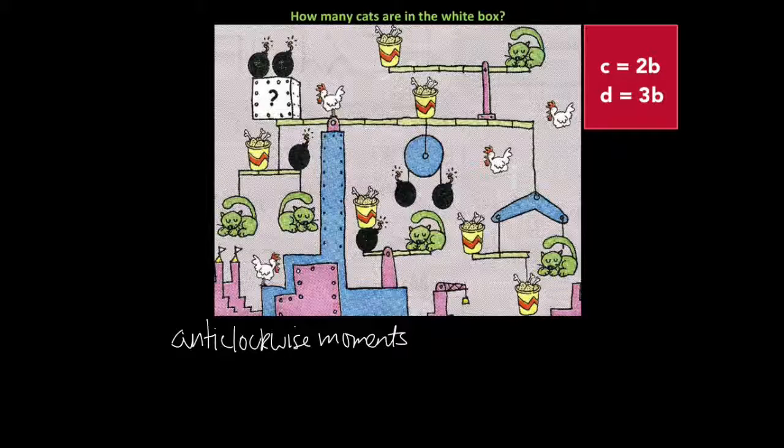And so everything is 2 units from the pivot. We can write that the anti-clockwise moments are the distance 2 times, well, I've got the white box, I'll call it W, plus the 2 dynamites on top of it, and the 2 cats, and the bucket of chicken, and the other dynamite below. So the anti-clockwise moments is 2 upon W plus 2D plus 2C plus B plus D.